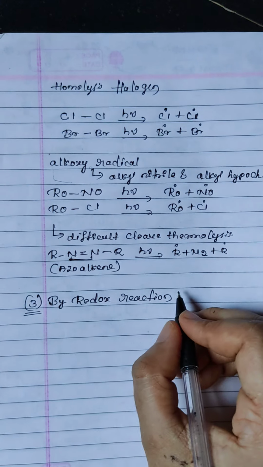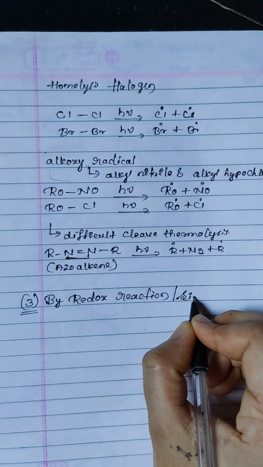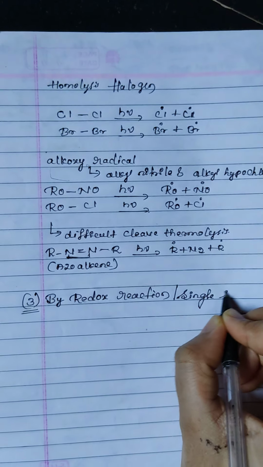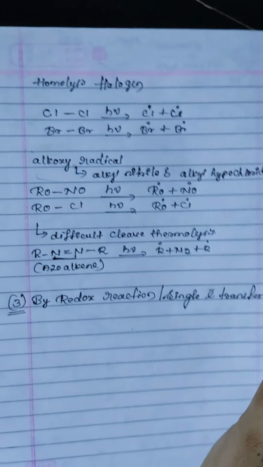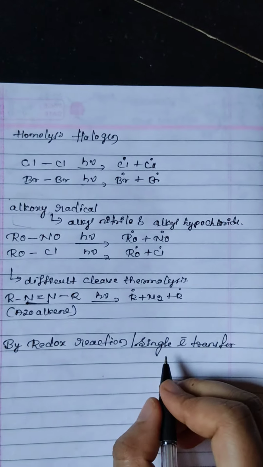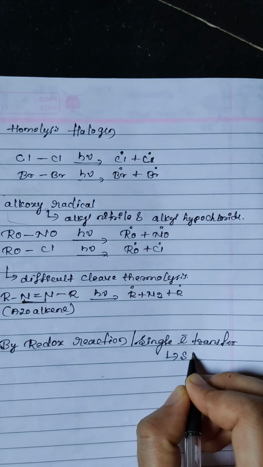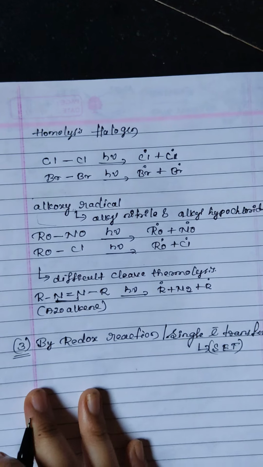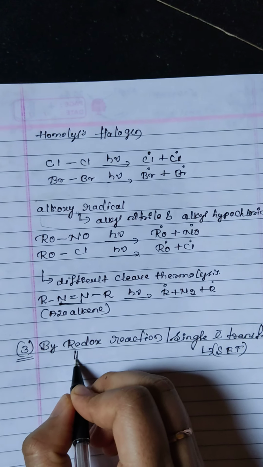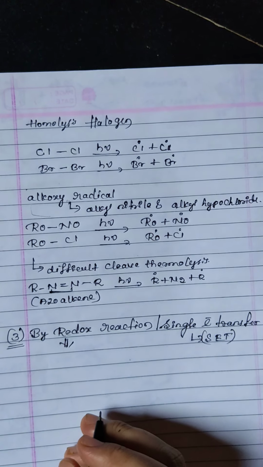Another name is single electron transfer. How do we write it? Single electron transfer, SET. What does it mean? Redox reaction means oxidation and reduction.